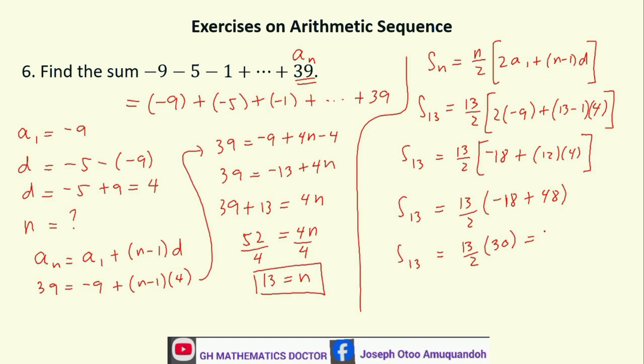So at the end of the day, I'm going to get our final answer to be 13 times 15. From the calculator, we are going to get 195.